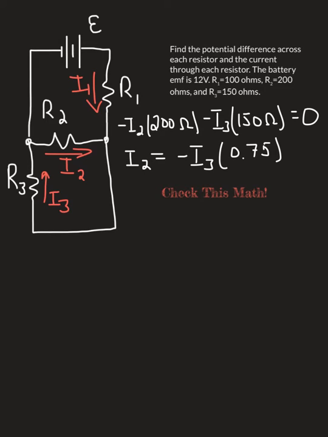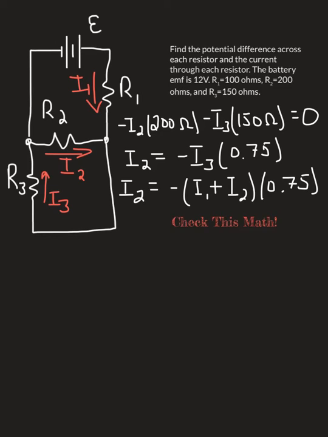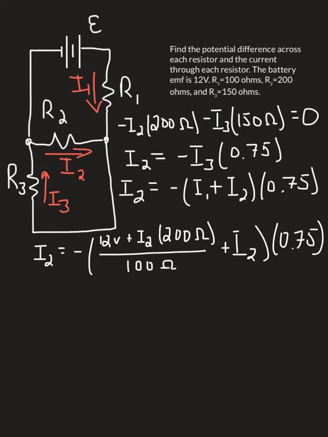I strongly recommend that you pause the video and check that you can get this same equation. Next, I substituted the current law equation in for I3. My final equation uses the analysis of the voltage law on the first loop to substitute in for the current through resistor 1.